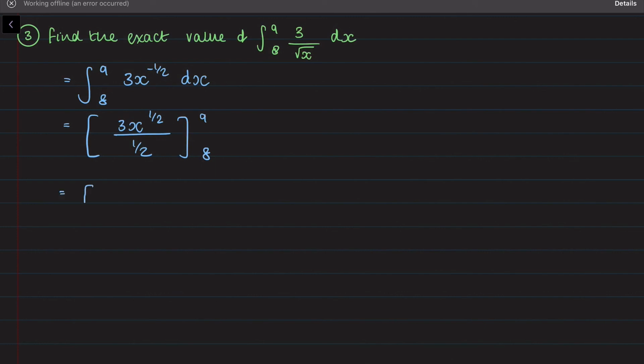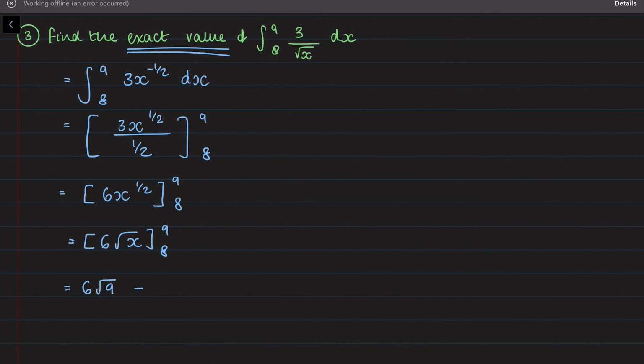Simplify that. I can rewrite that as so, because I'm looking for the exact value. So I end up with 6 root 9 minus 6 root 8, which is going to be 6 times 3 minus 6 times 2 root 2, which is equal to 18 minus 12 root 2.